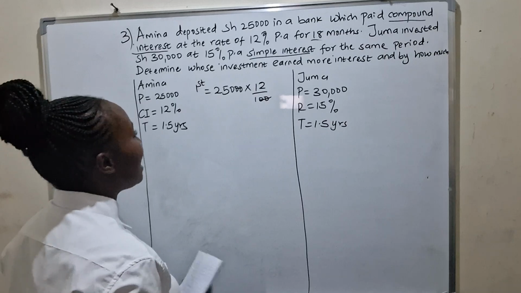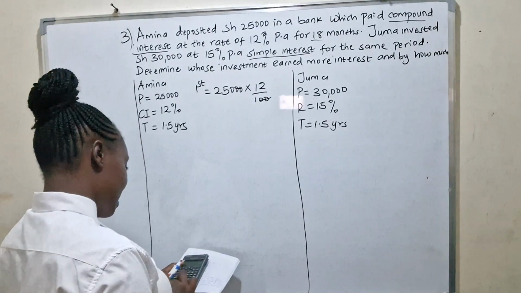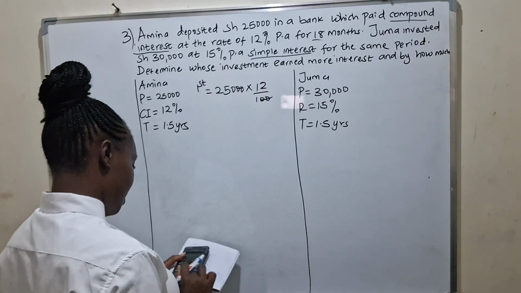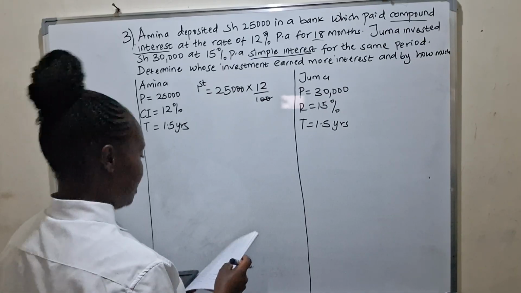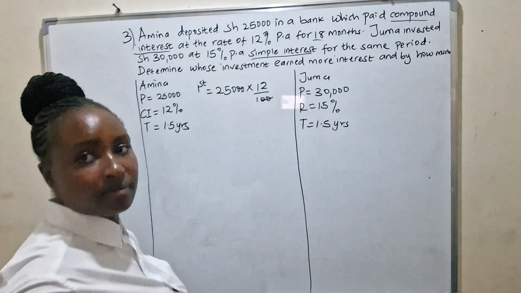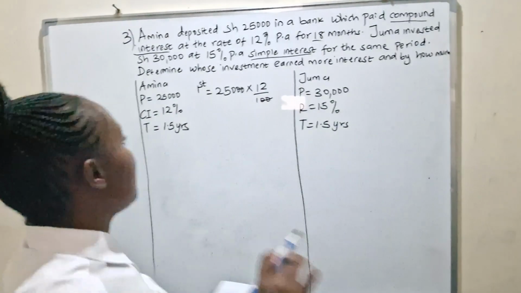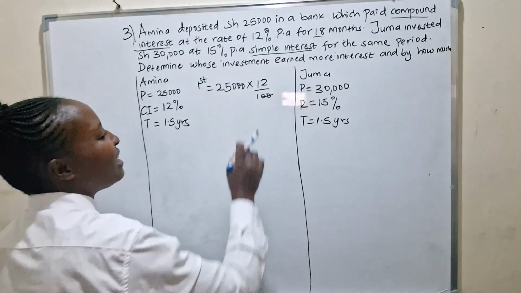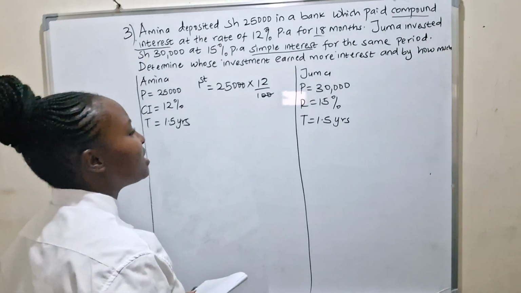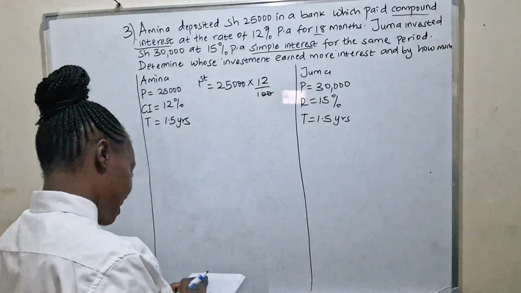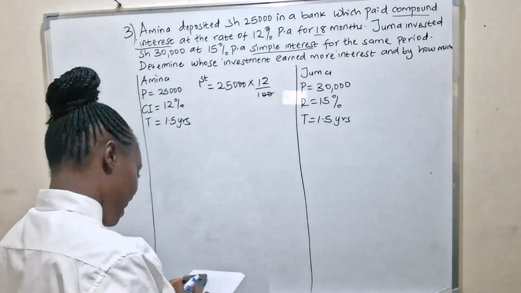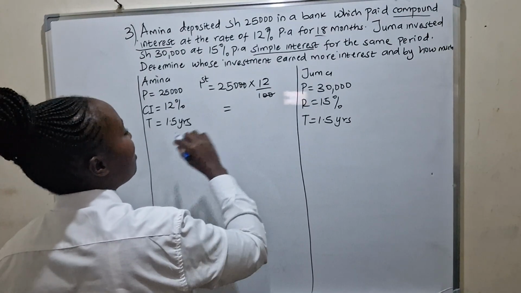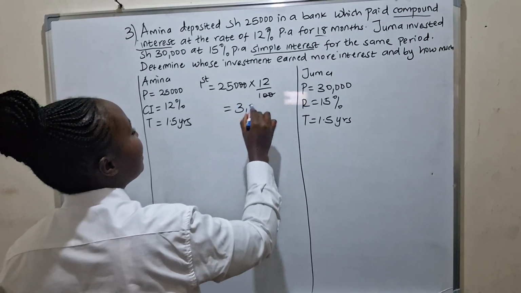So in the first year, Amina's 25,000 had an interest at a rate of 12%. So what is the interest? We have 250. We multiply by 12 to get the first year. Amina's 25,000 gained an interest of 3,000.